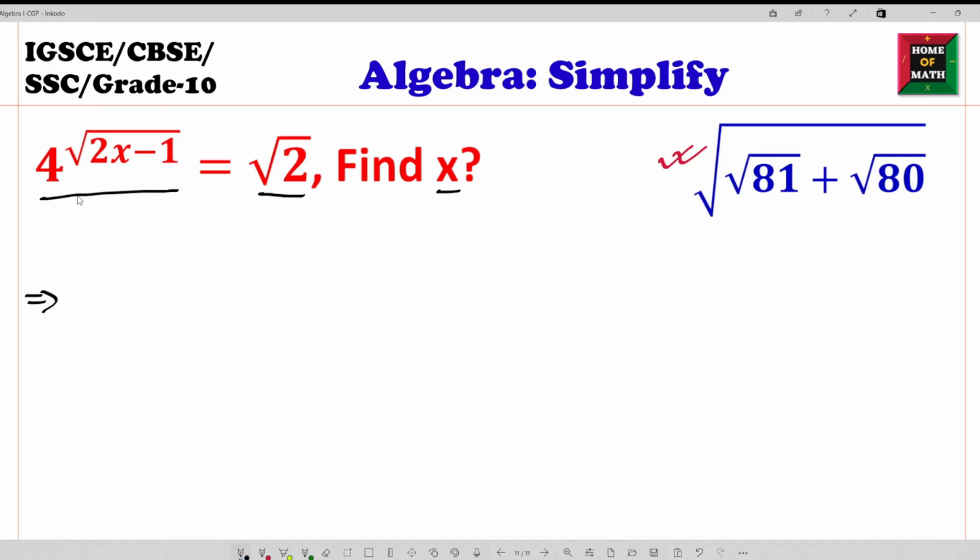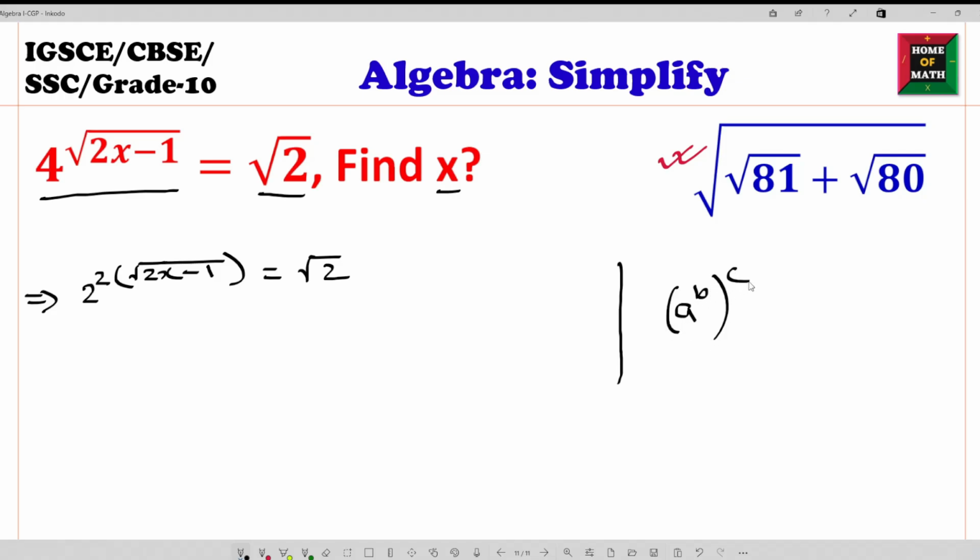Look, this is 4, this one we can write 2 square, and here root 2x minus 1 equals to root 2. How can we write this one? Look, if a to the power b then to the power c, we can write a to the power bc.